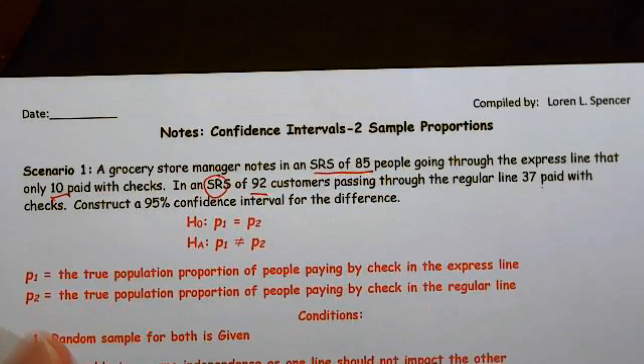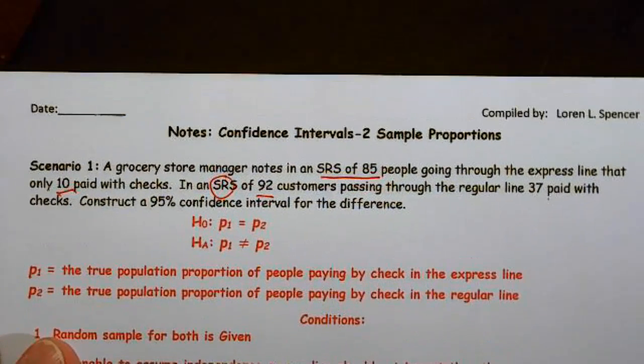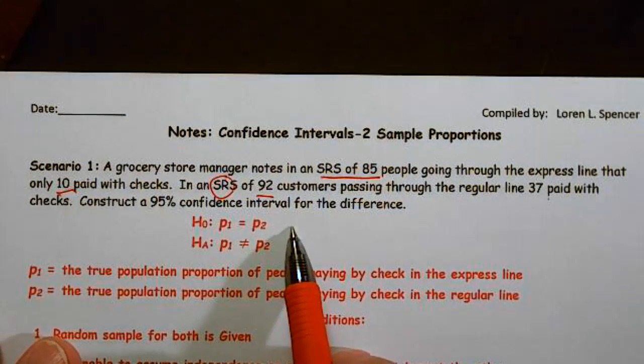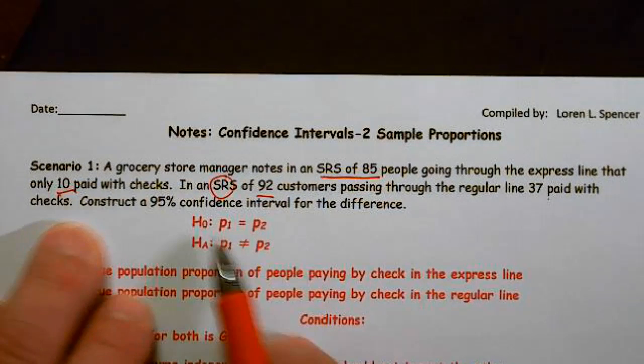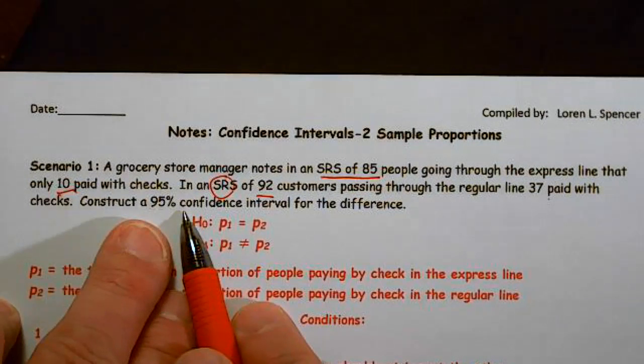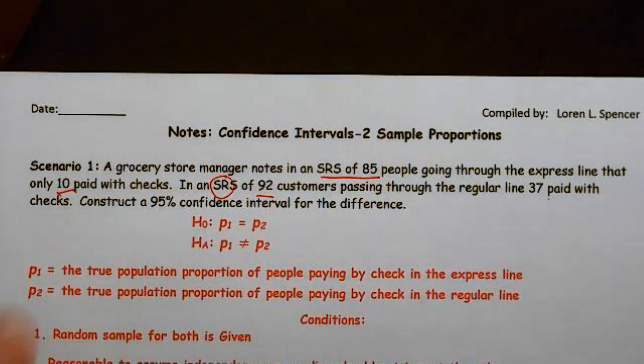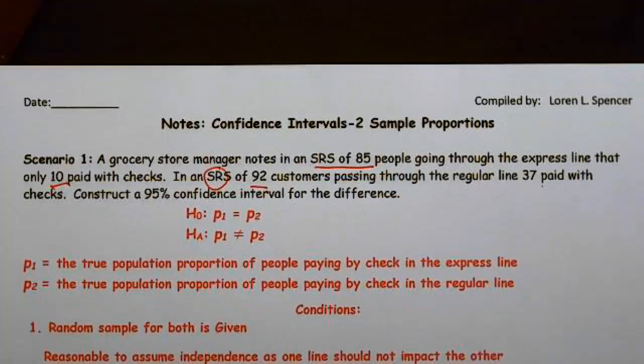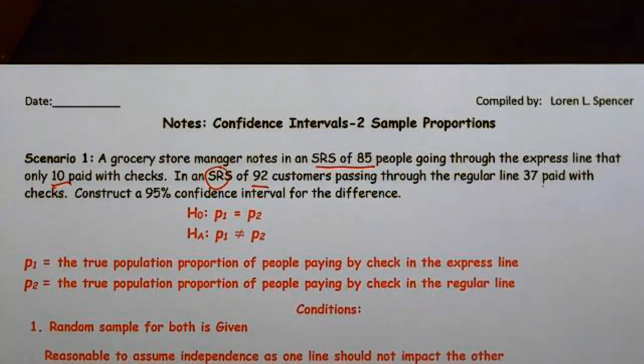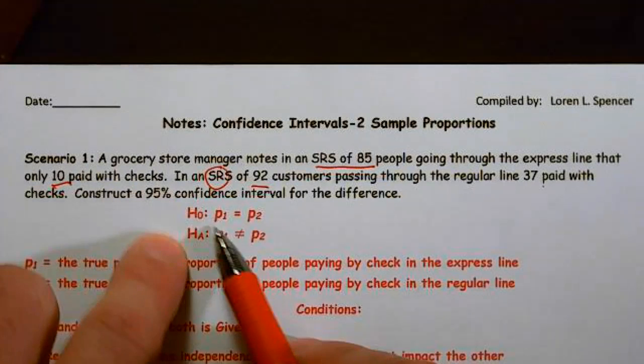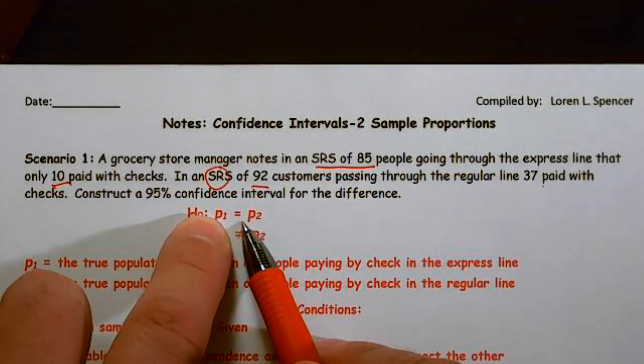Next thing, construct a 95% confidence interval for the difference. So construct a 95% confidence interval for the difference. And I'm going to go ahead and take a moment and say, when we're doing this, it helps, not required, to write the null and alternative. The null is there is no difference.